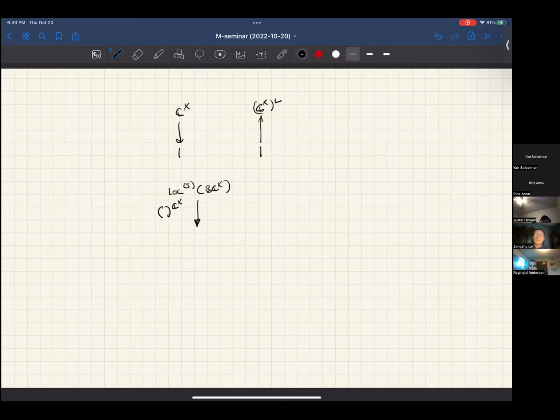I had written S1 because it was local system Z, so it was just topology. But if this map is p, this is the same thing as the pushforward along this map to B of a point. But of course, that's just DG cat.